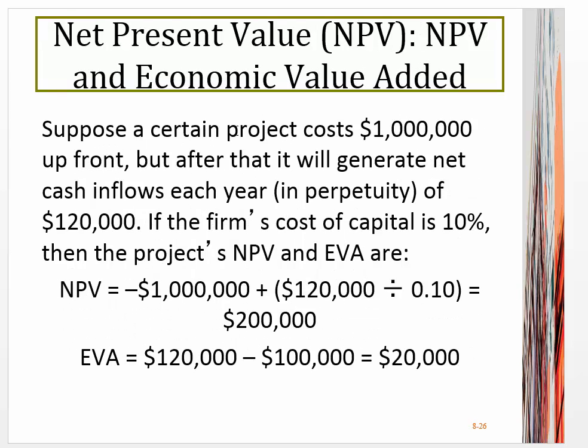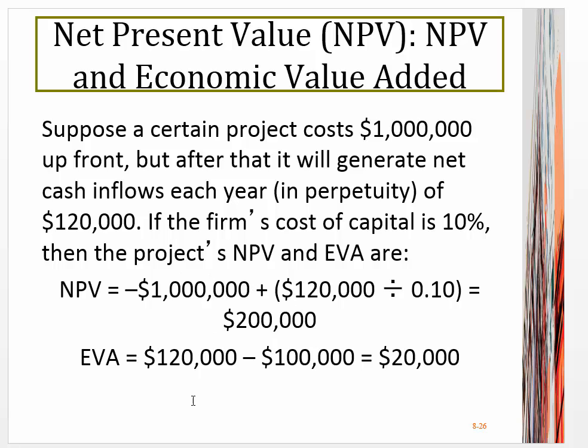So if a company has $1 million up front for a project, but after that, it's going to generate inflows each year into perpetuity of $120,000. If the firm's cost of capital is 10%, then what is the net present value in the EVA? Well, the net present value is $200,000. So we're going to say essentially that we're going to increase the wealth of the company by $200,000.